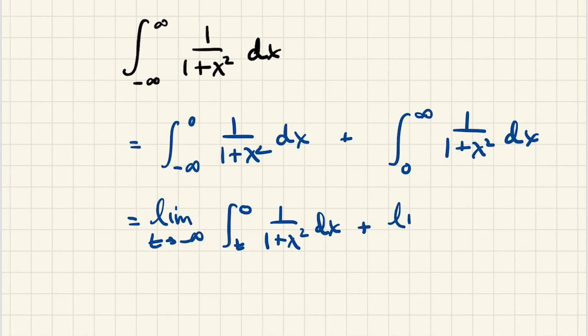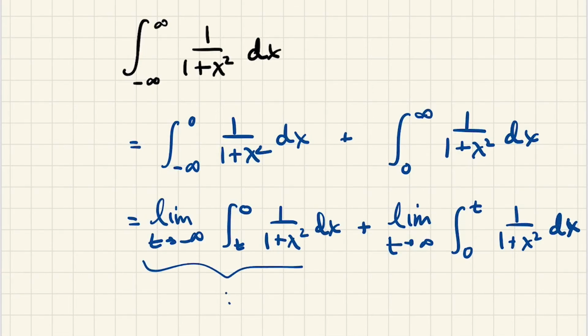And then you would add this limit, 0 to t. Typically, in terms of actually working these out, I'd probably work each one out independently and then add the answers together. However, these are both going to equal the same thing because this is an even function. So you could take advantage of some symmetry in this particular example, but not always.